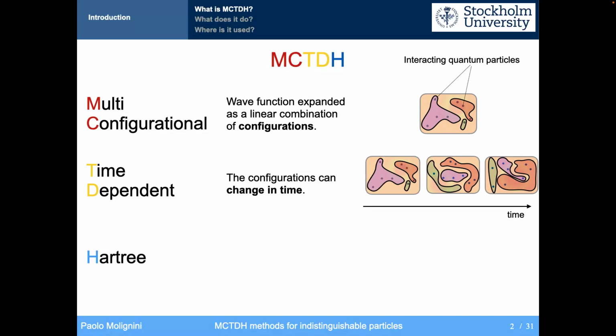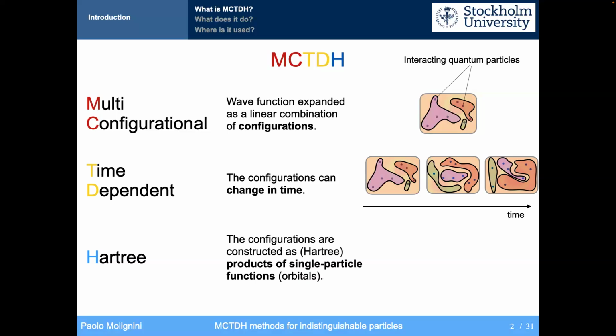And finally, Hartree, the H, comes from the Hartree approximation, which is a technique that was developed in the 1920s already by Hartree, hence the name, in which you describe your wave function as a product of single particle wave functions. And so in this case, also the name is derived from this kind of idea of constructing products.